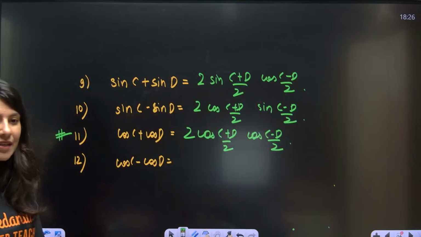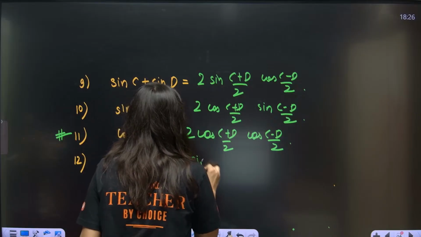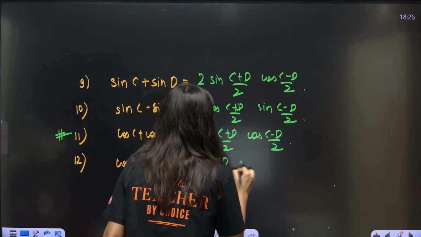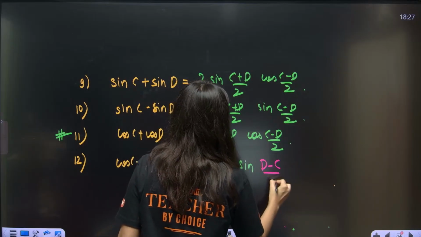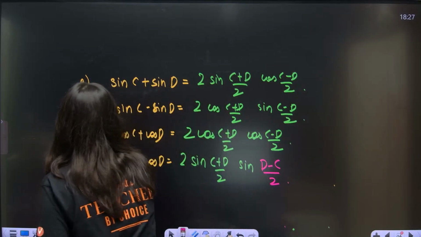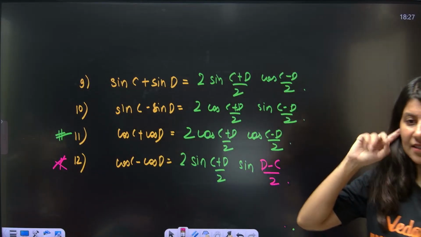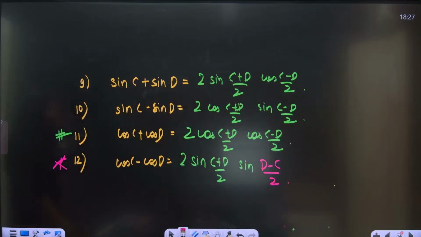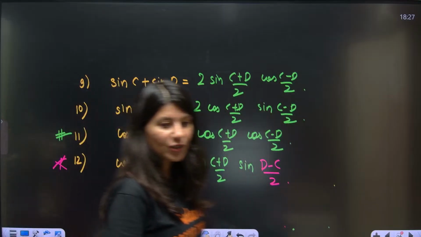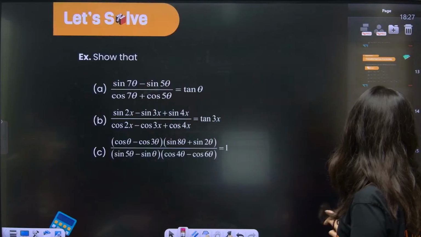And cos C minus cos D will be all sine: 2 sin (C plus D)/2 sin, and now understand, this is a different one, (D minus C)/2. Are we ready to kill these 4 formulas today? Ready? Okay, so one by one, let's solve quickly.